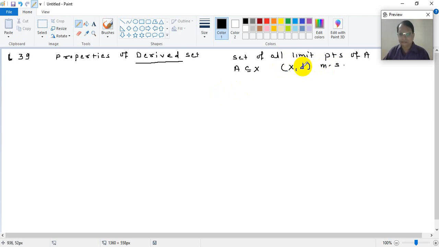What is a limit point? You know what a limit point is.